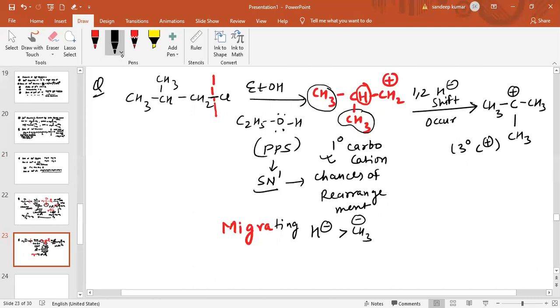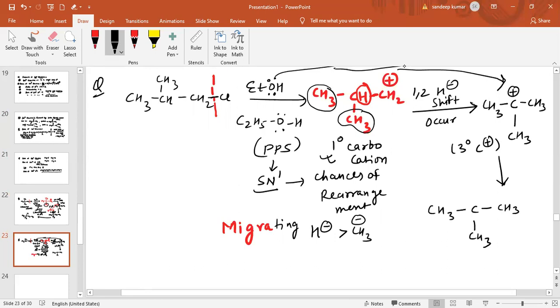Now the nucleophile, which is EtOH, with oxygen having a lone pair of electrons, will attack the more stable carbocation. After the attack of the nucleophile, it will be O with a positive charge, and H and Et.